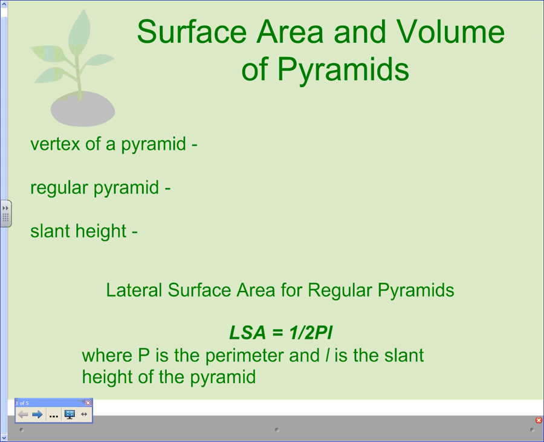Or if you forget that formula, you can just find the area of each of the triangles, because that's what the lateral faces are going to be. Any questions so far? Okay.